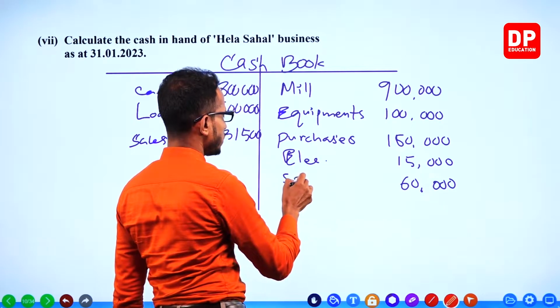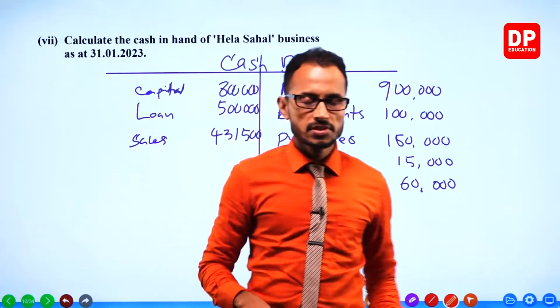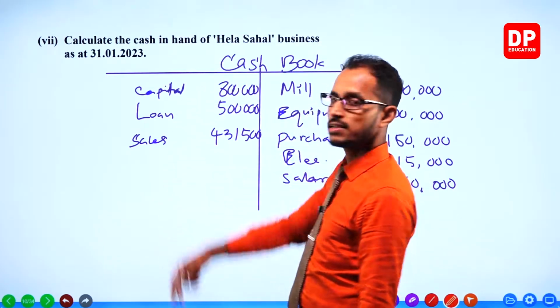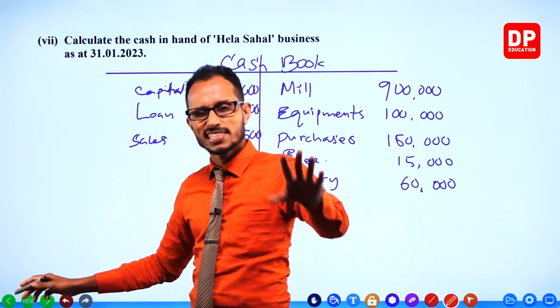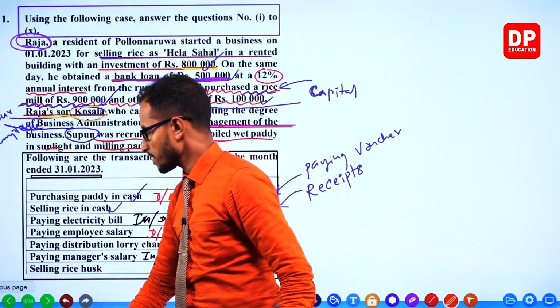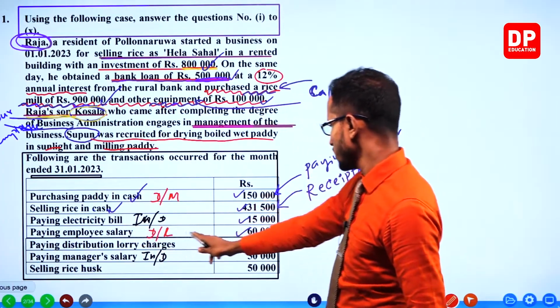You don't have to write these narrations very clearly because they don't ask for a cash book. We're just preparing it to calculate the cash in hand. So we took 15,000, employee salary also 60,000.